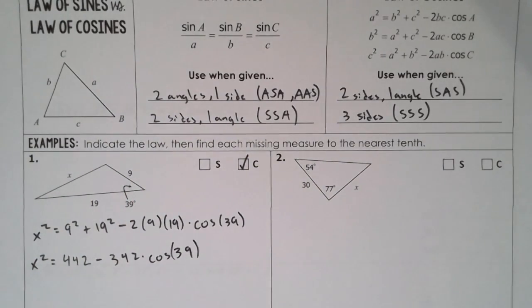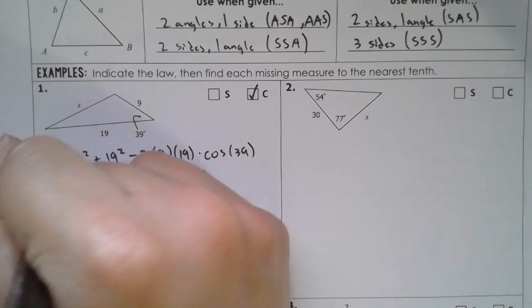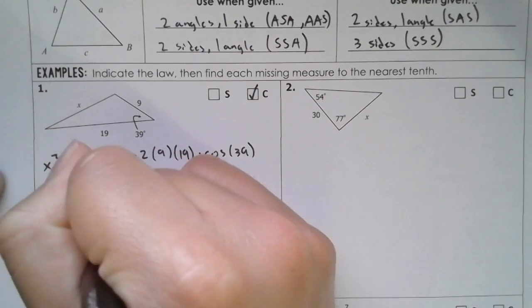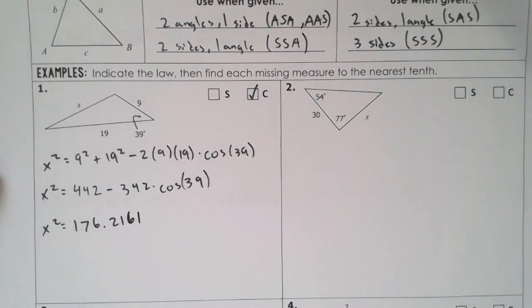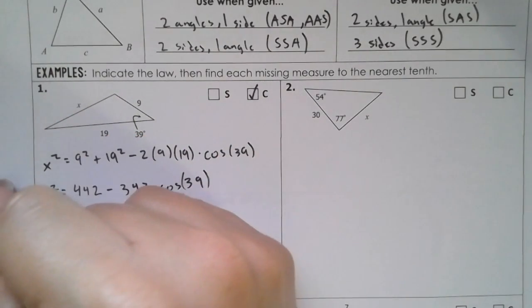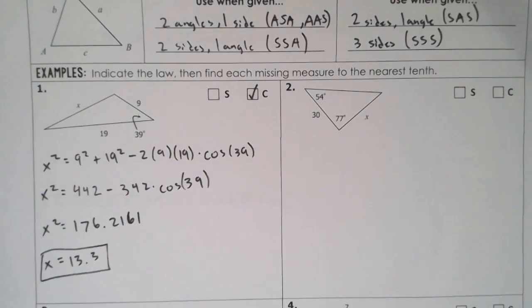So then, put all this in your calculator. You're going to get that x squared is equal to 176.2161, and then take the square root of both sides. You're going to get that x is equal to 13.3. That's it.